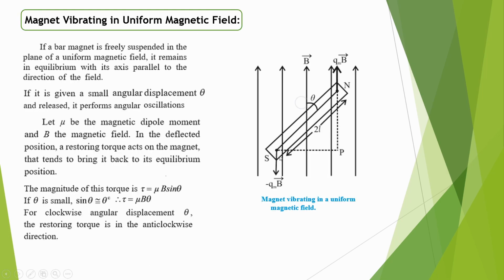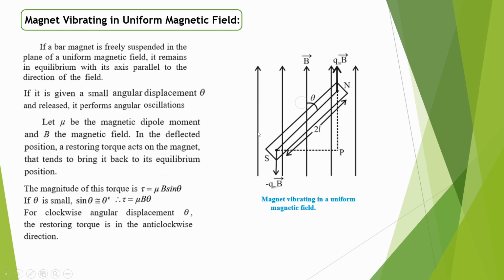Then see the next point, that is the magnet vibrating in a uniform magnetic field. See that diagram. This is the direction of the uniform magnetic field, shown as B, and this is the magnet. If a bar magnet is suspended freely in the plane of a uniform magnetic field, it remains in equilibrium with its axis parallel to the direction of the magnetic field.